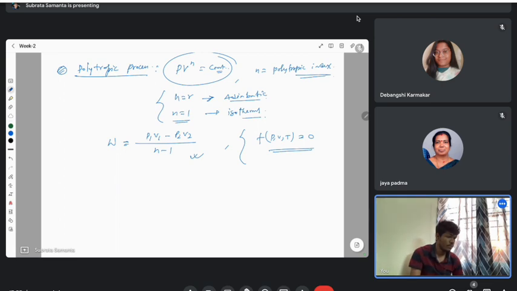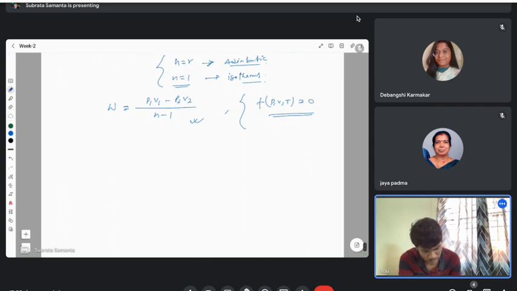Now we are going to the last thing. Let's say the equation of state for a not gaseous system. We are calculating, let's say, a string system.